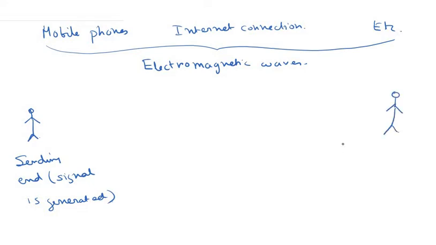So there should be a sending end and there should be a receiving end. So the receiving end receives the signal, and in the midway between the sending and the receiving end, this signal is transmitted through the air. And as I said, of course, today signals are electromagnetic waves, long distance communication signals. So they would be transmitted through the air, and the air actually here acts as a channel.